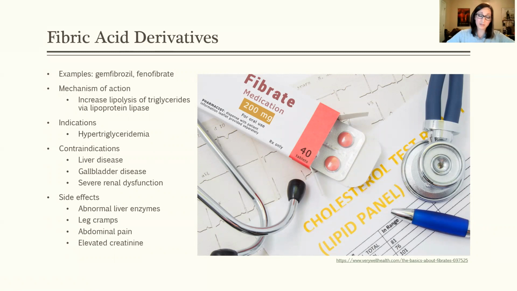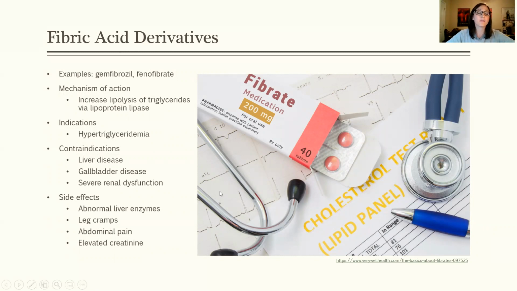There's a 50% or more decrease in triglycerides, and also a 15 to 20% decrease in LDL, and a 15 to 25% increase in HDL, and that's due to the reduction of the triglycerides.